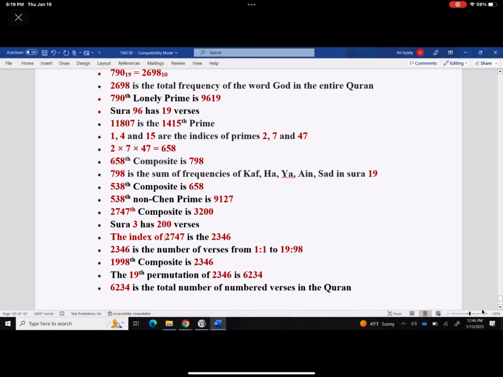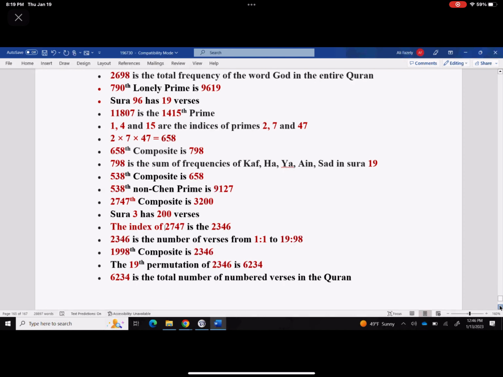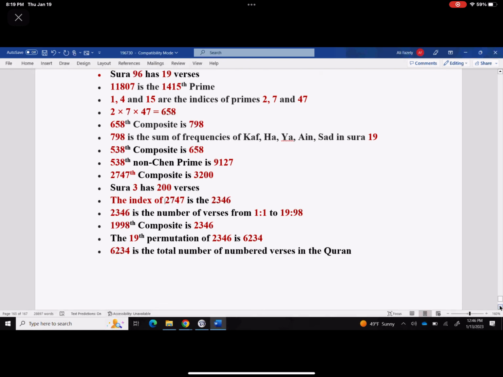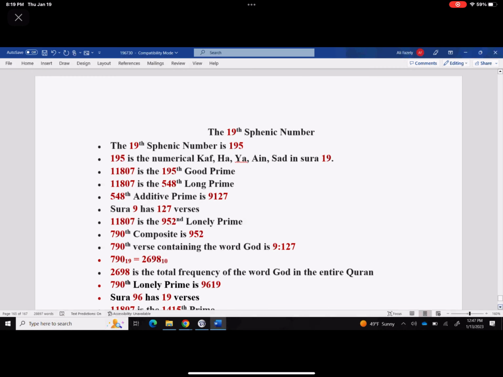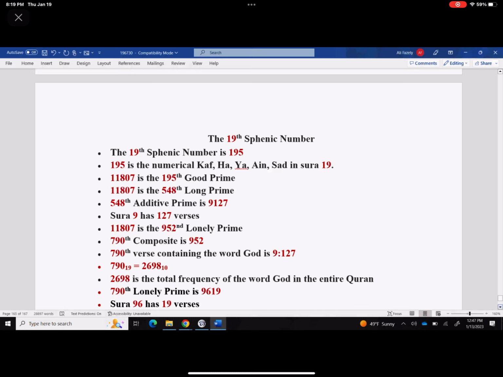The 1998th composite also happens to be 2346. And the 19th permutation of 2346 is 6234. And 6234 is the total number of numbered verses in the Quran. Okay? Can you imagine this? Okay. So today we know why these things are having these numbers that they have. So if you think about it, you are basically surrounded by the Word of God.